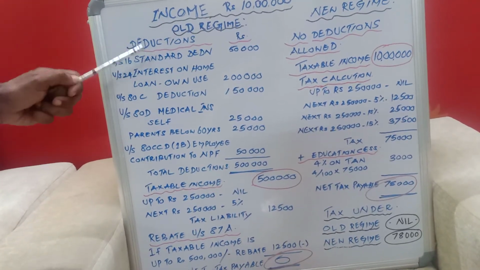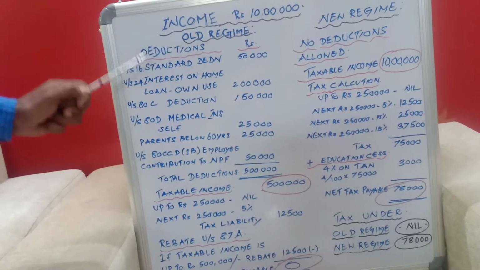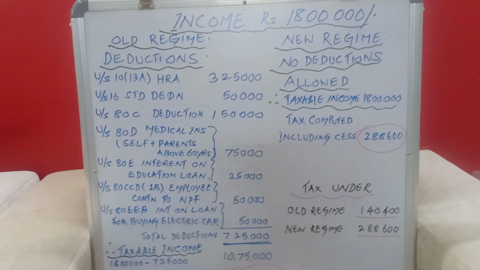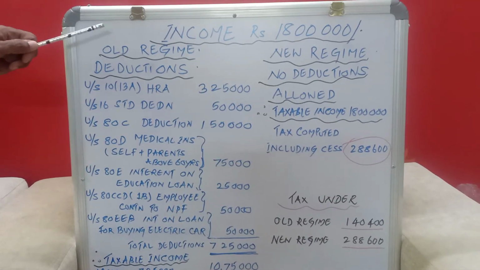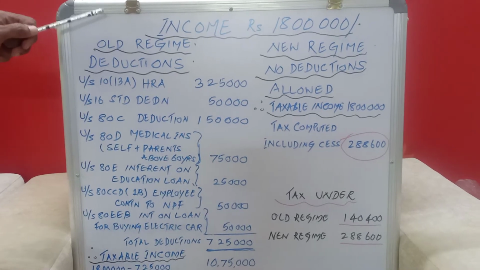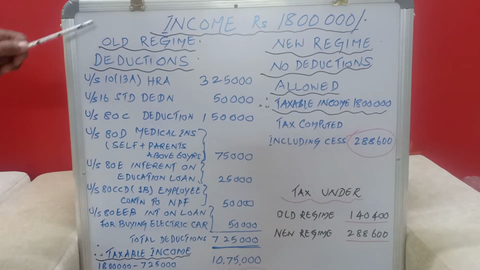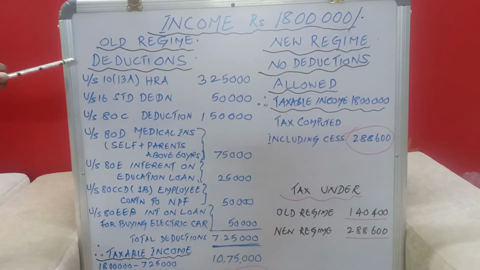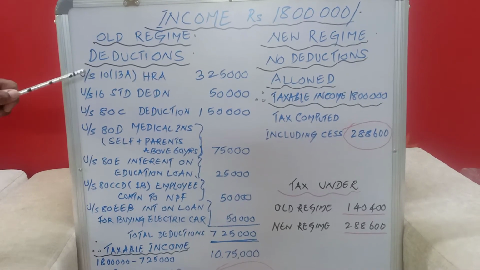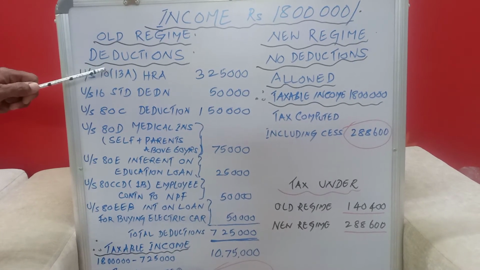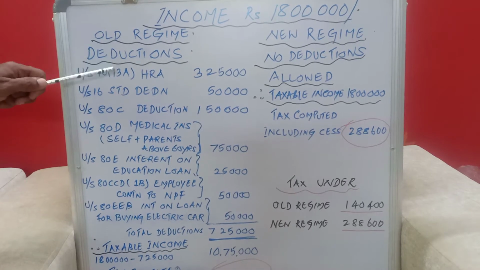Now we will take another illustration, case 2. In case 2, total income is assumed to be rupees 18 lakhs. Under the old tax regime, deductions under section 10(13A), HRA, house rent allowance.